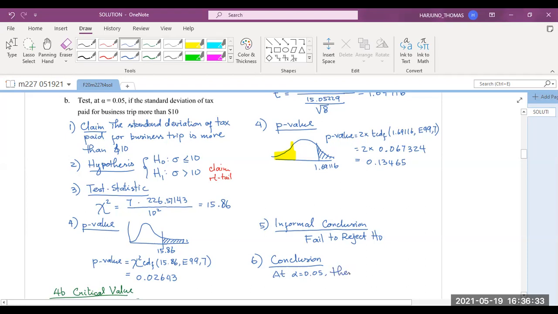Okay, there is insufficient evidence to reject the claim. So remember, if the claim is with the null hypothesis, we will try to reject that.